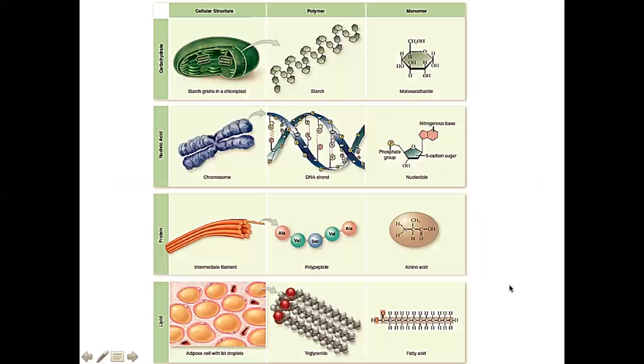Okay, so we're going to start with carbohydrates. Now, what I want to point out with the macromolecules is they start out with what we call a monomer. Mono means one, single, so that's the base unit, the individual unit. Some of these macromolecules function as just an individual unit. That's glucose.